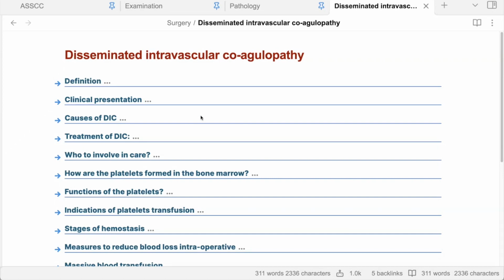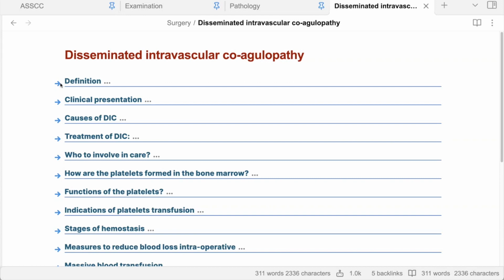So Sadi, can we start by defining disseminated intravascular coagulopathy, or DIC, please? DIC is a pathological consumptive coagulopathy characterized by widespread activation of coagulation pathways and deposition of microthrombi in the microvasculature, leading to decreased perfusion and subsequently leading to bleeding.